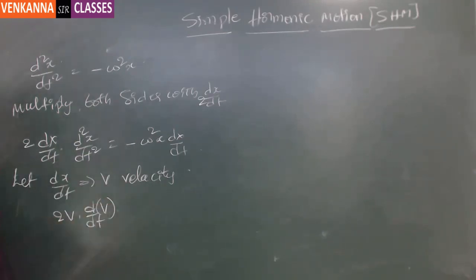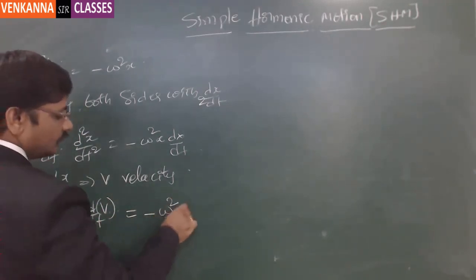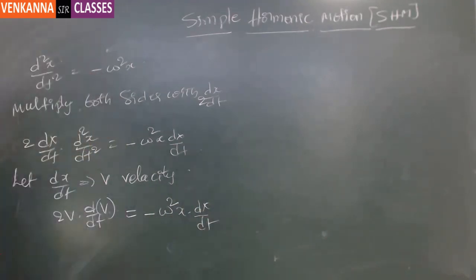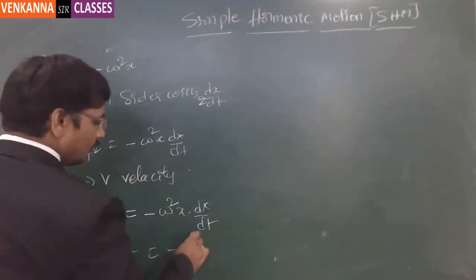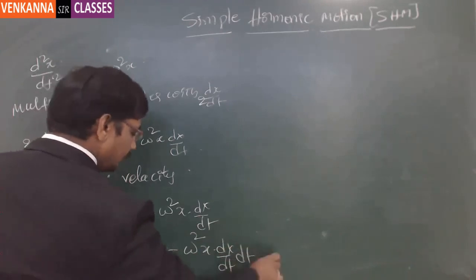So dx by dt I have called v, and this is equal to minus omega square x into dx by dt. I keep it as it is on the right side. Now integrate on either sides with dt. So integral of 2v dv by dt into dt equals integral of minus omega square x dx by dt into dt.